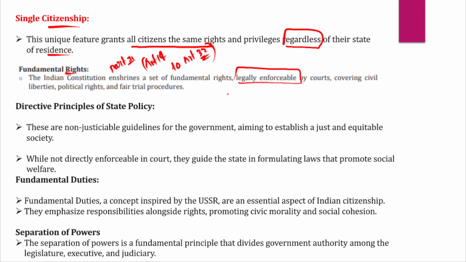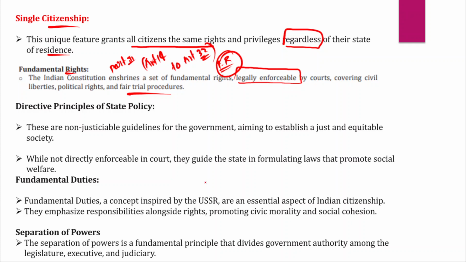That essentially means that if any of these fundamental rights are violated, the aggrieved individual can approach the Supreme Court directly, and that is what is known as the legal enforceability of the fundamental rights. The fundamental rights consist of all the civil liberties, the political rights, and also the fair trial procedures.